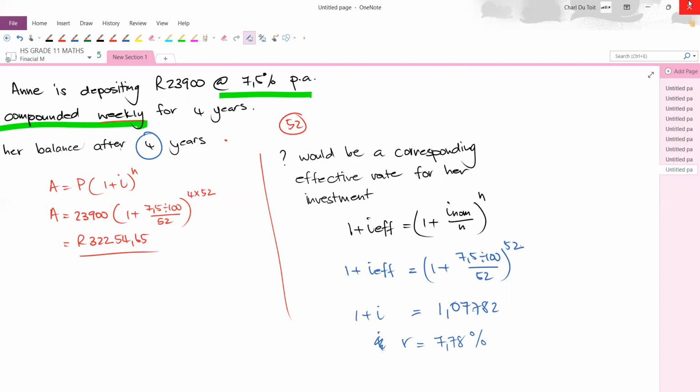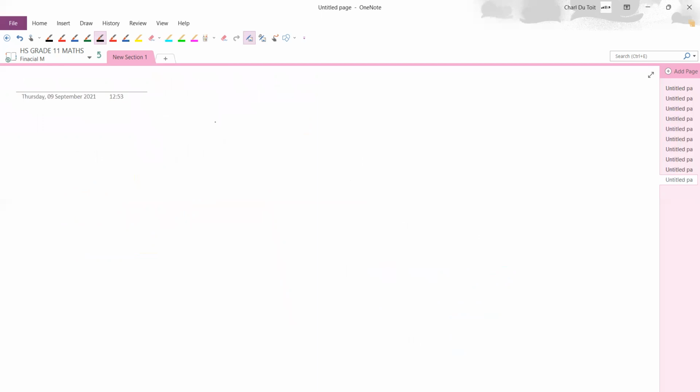Okay, there's also exchange rates. Do you know what an exchange rate is? This is grade 9 and 10 work. This is not grade 11 work.